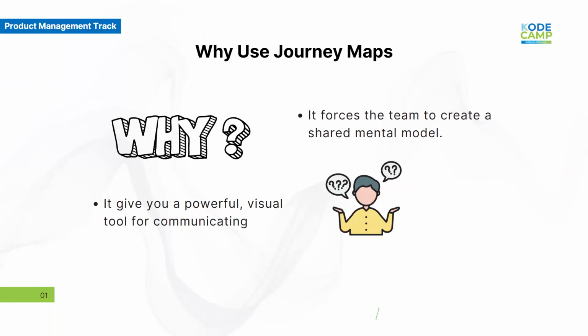So when you build a journey map, it forces the team to create a shared mental model. What do I mean by that? It means we stop thinking just from our own department's point of view.